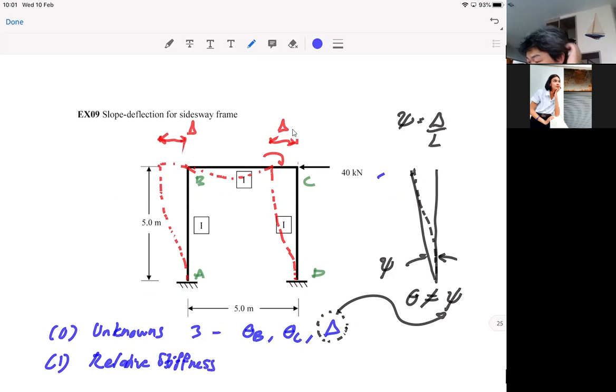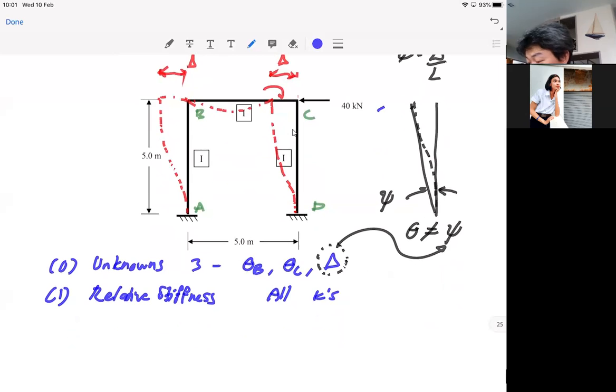But we all have I over 5, so it's okay. Step number 2 is fixed end moment. You can say none. And then step number 3, the slope deflection equations.